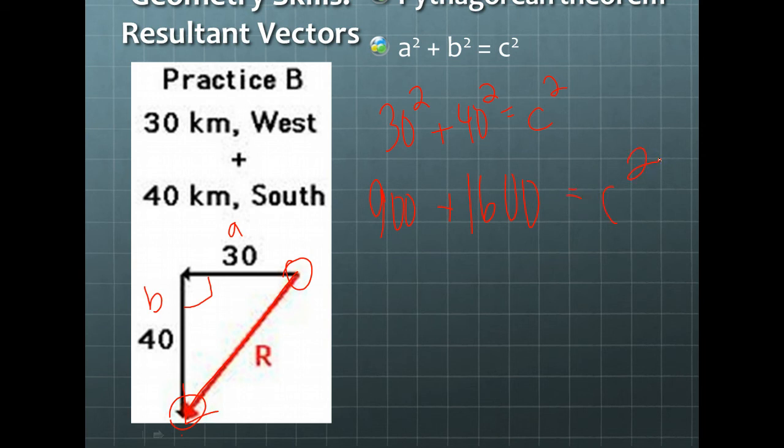So we add those together, and we can do that in our head. 2500, that is C squared. So that's not our answer, right? We have to square root it. We probably could do that in our head, but if we can't, we can use our calculator, and that is 50. So this is 50, and our direction would be southwest.